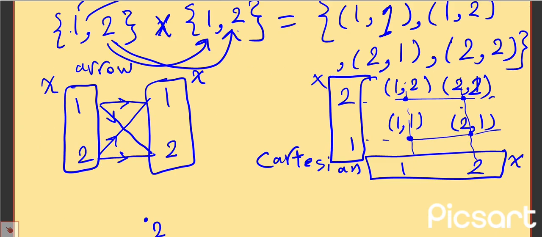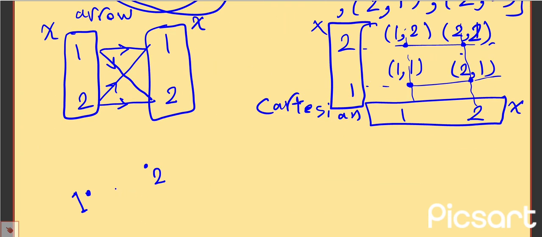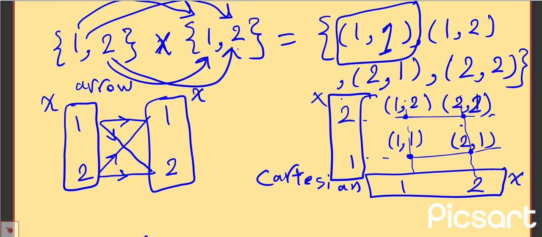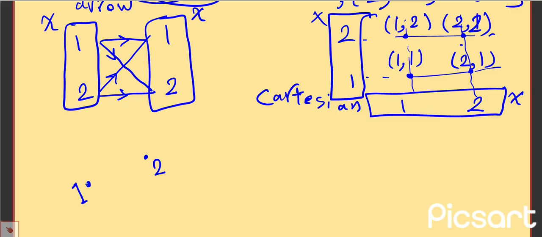Looking at this, we have 1 and 1, right? So we draw a circle like this, with any direction, it doesn't matter. It means that 1 and 1 will circle again. It will be 1 and 1.